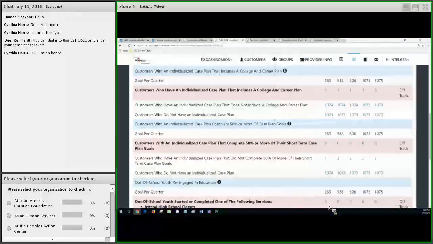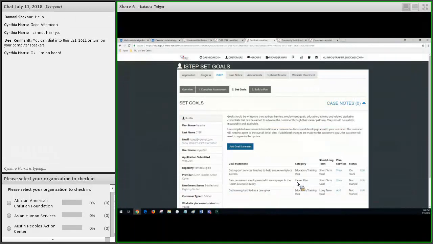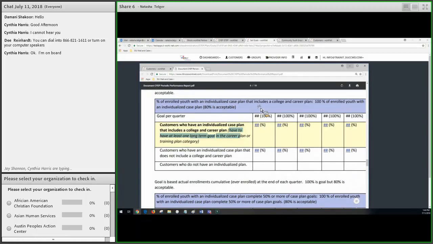So if I look at my test person here, I have a career plan goal, but that's short term, so that doesn't meet the criteria for that particular item. But I have an education and training plan that has a long-term goal, so that would meet the criteria.